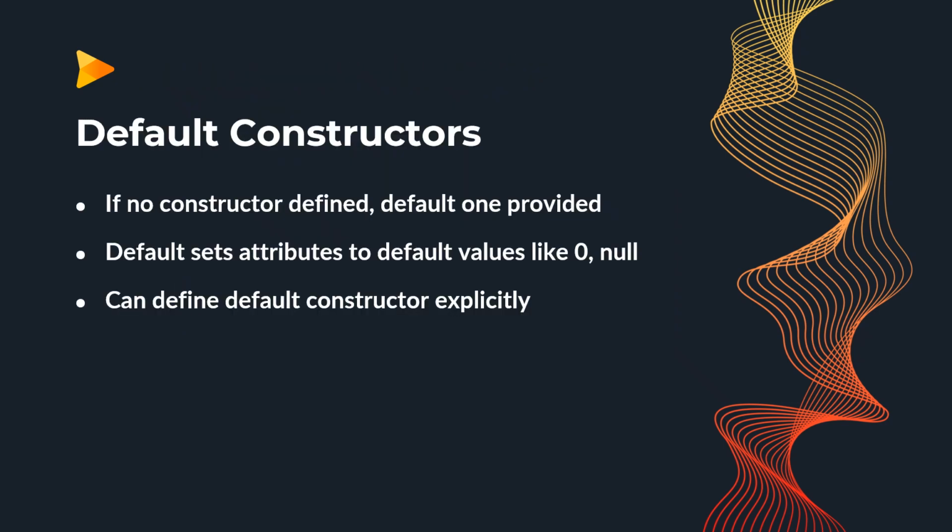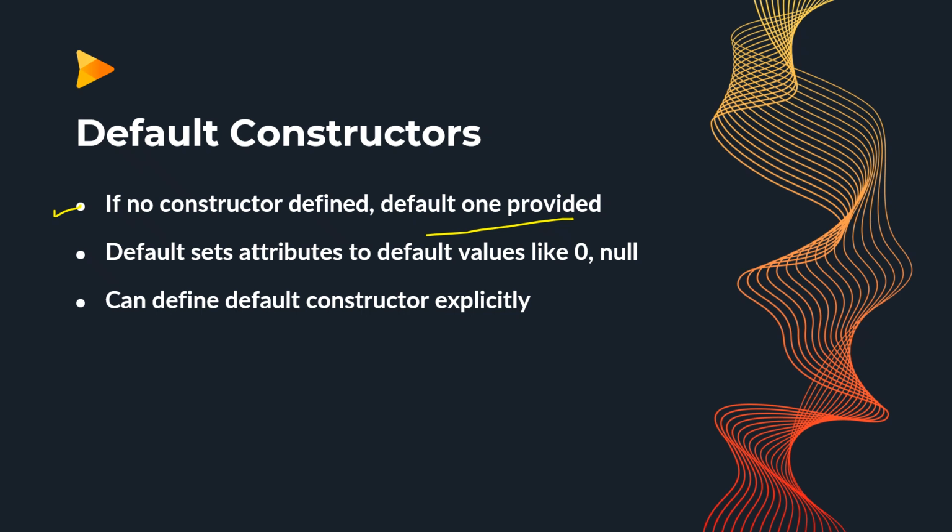Now we are going to see what the default constructors are. We have already seen that if we don't provide any parameters in the constructor, then this is known as a default constructor. But there is also one condition. If no constructor is defined in our class, then a default one is provided.